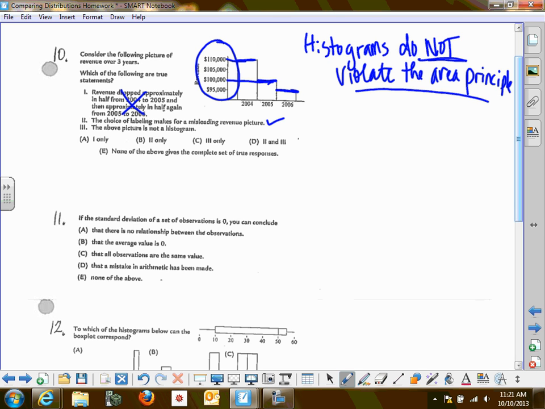What is going on here? These bars are violating the area principle. Therefore, it is not a histogram. So 2 and 3 are true. The answer is D. It's violating the area principle, so it is not a histogram. So that's true. All right.